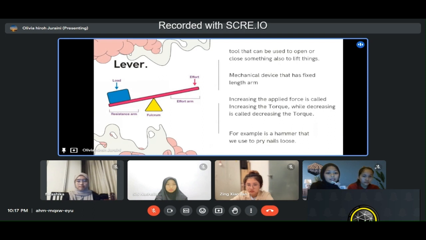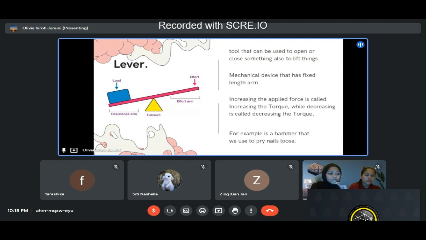A mechanical device that has a fixed arm and increases the applied force is called increasing the torque, while decreasing the applied force is called decreasing the torque. For example, a hammer that we use to pry nails loose.